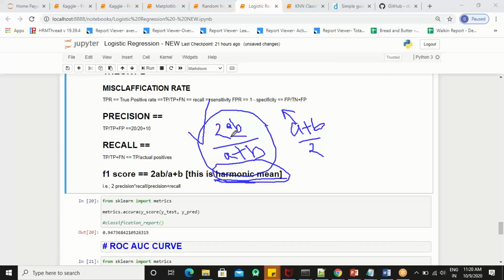You want to balance it by having both things come in the numerator and denominator. So read more about it. Yeah, Nishtha, support for the predictions, like how many are supporting 0 predictions, how many are supporting 1 predictions.